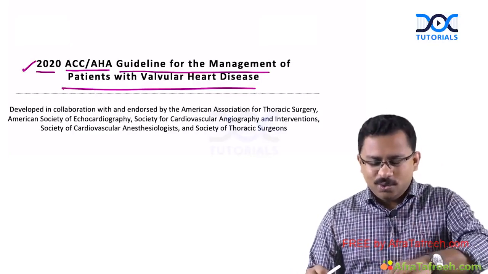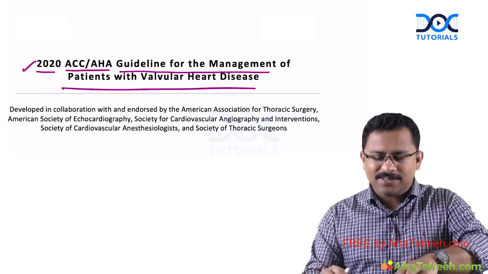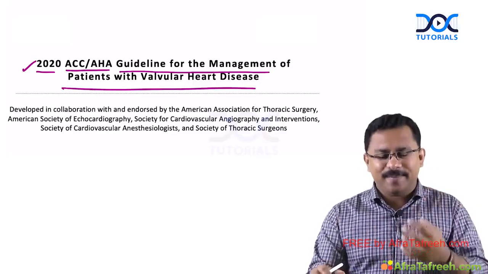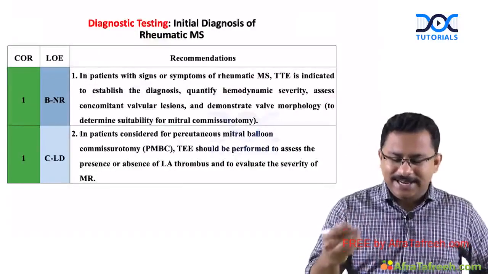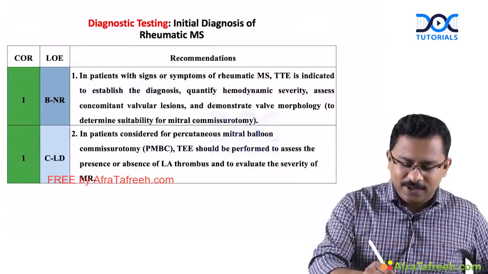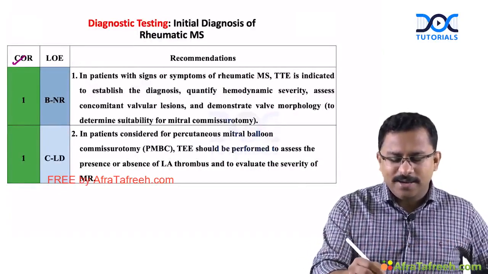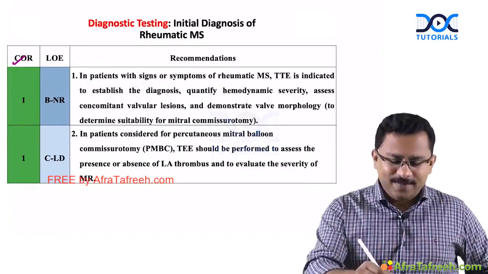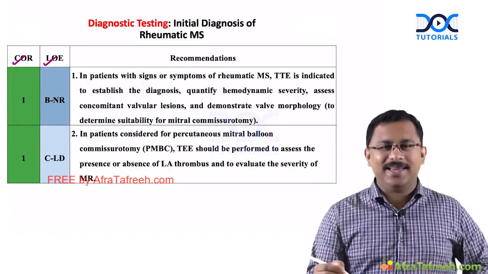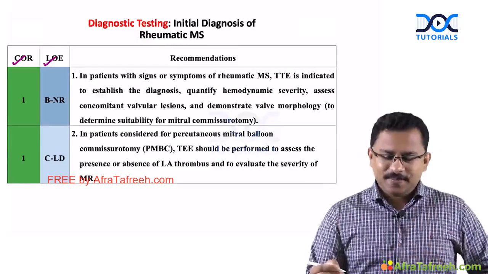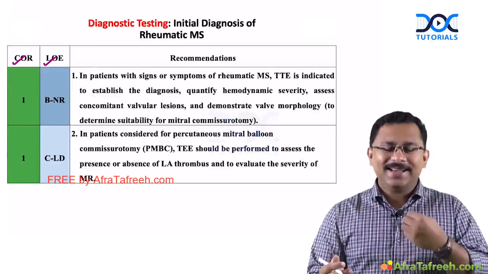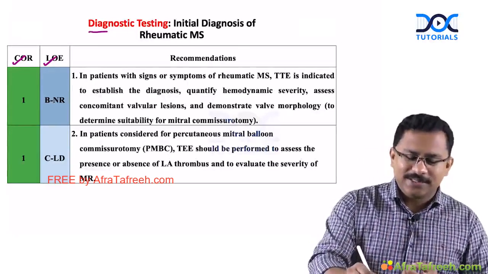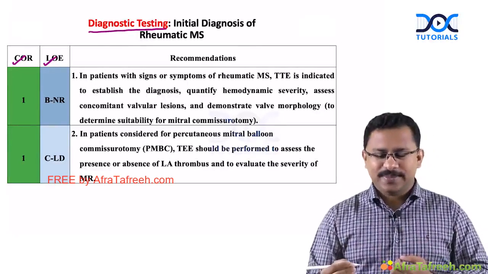Before we go to the management proper, a couple of slides which I have taken directly from the guidelines itself. So what does the guideline actually tell us? COR is for the class of recommendation and LOE is for the level of evidence. What are the recommendations for diagnostic testing in mitral stenosis?